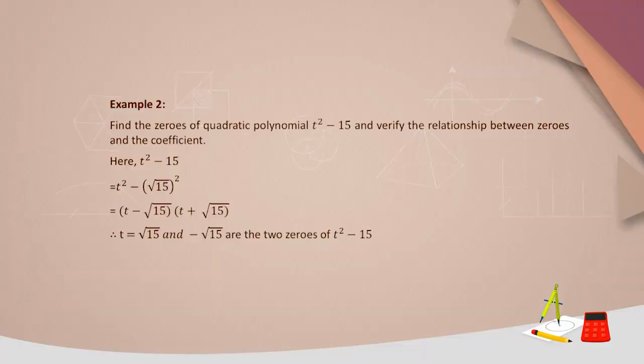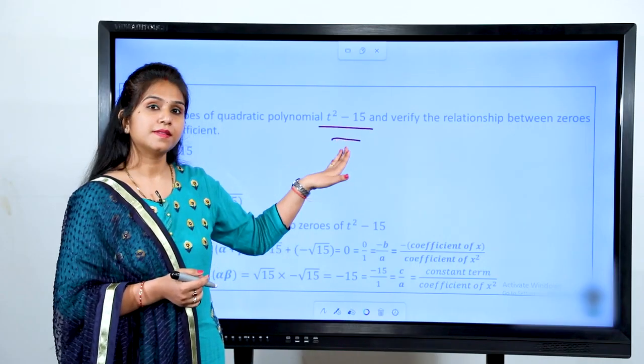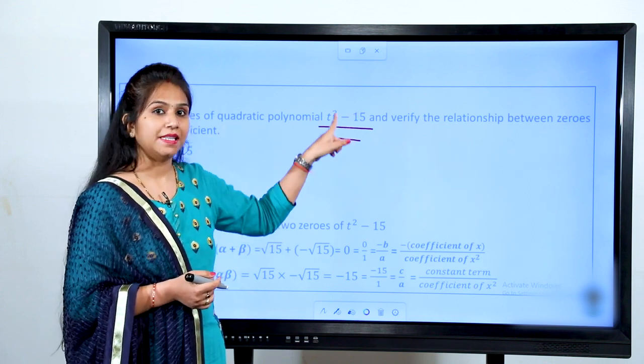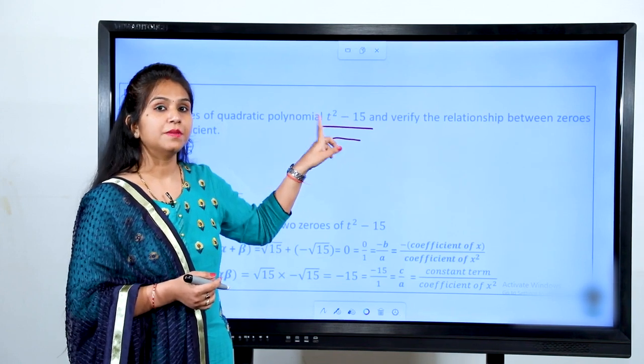Next, another very important example is a quadratic polynomial of the form t square minus 15. Children, you can notice one thing here. In this example, we have only two terms, so the middle term is missing. There is no middle term, which means the coefficient of the middle term is 0.